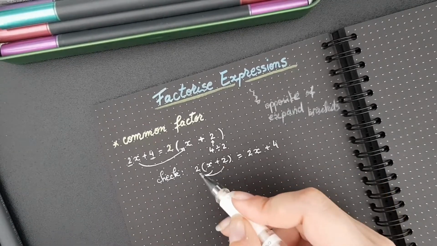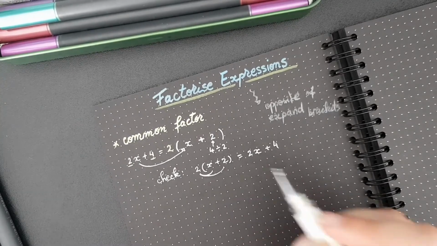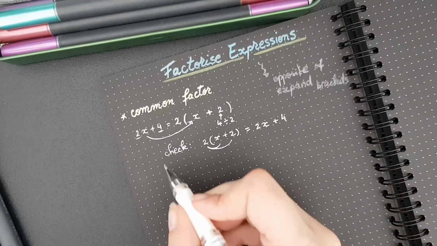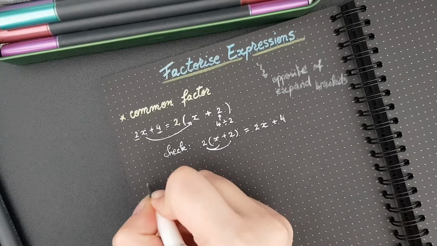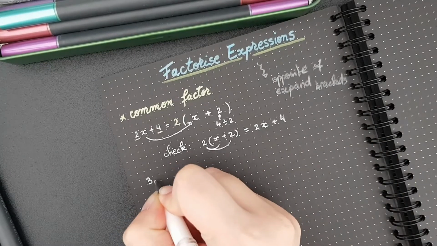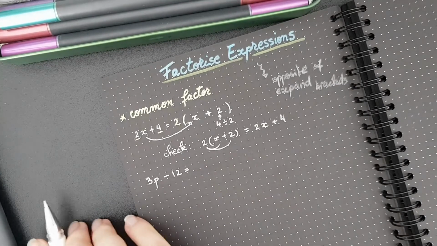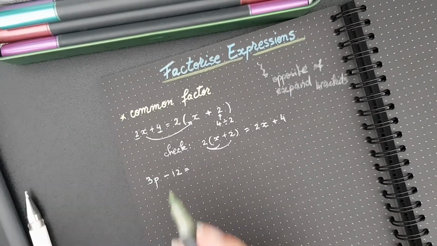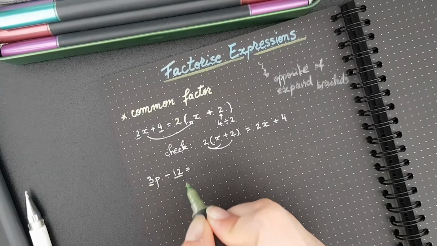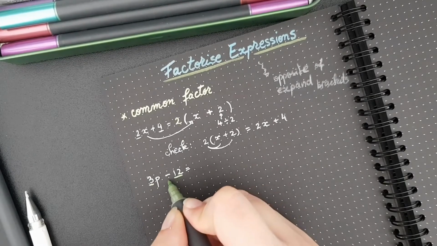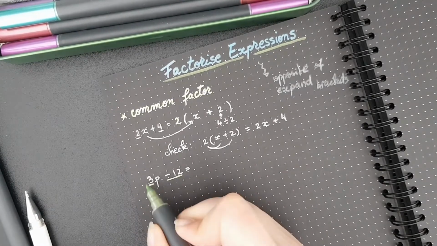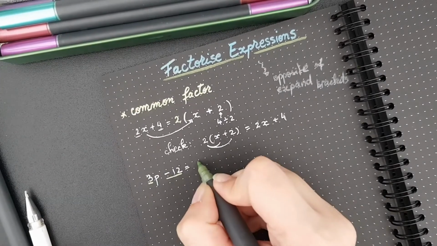Now I'm going to go through a couple more examples like this, but without doing the check for the next one. So I've got 3p minus 12. Again, following the same idea, I've got the 3 and the 12. I've got a negative 12 now, so I need to be a bit more careful. They're both in the 3 times table.